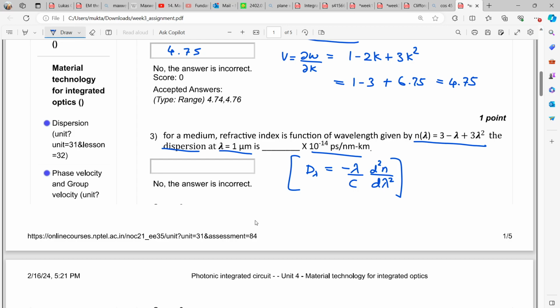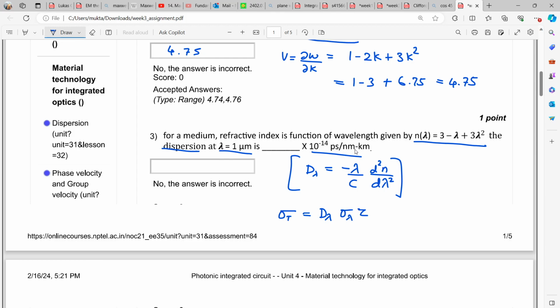So what this dispersion D lambda means is the broadening of the pulse, or the width in time of the pulse, is equal to D lambda times the spectral width of the pulse times z.